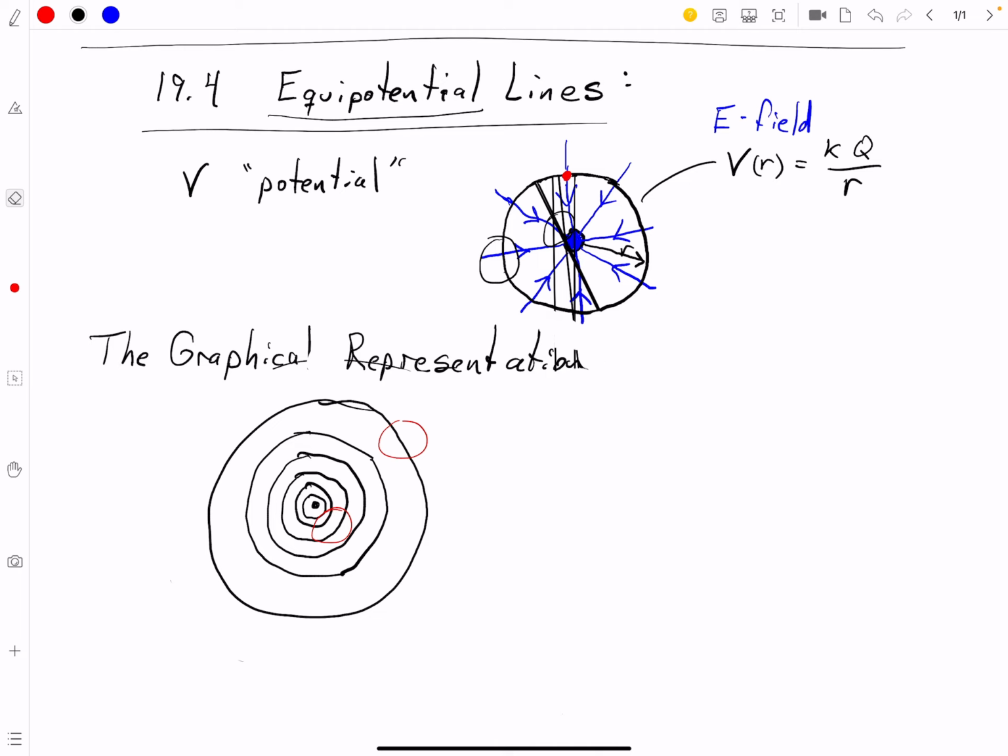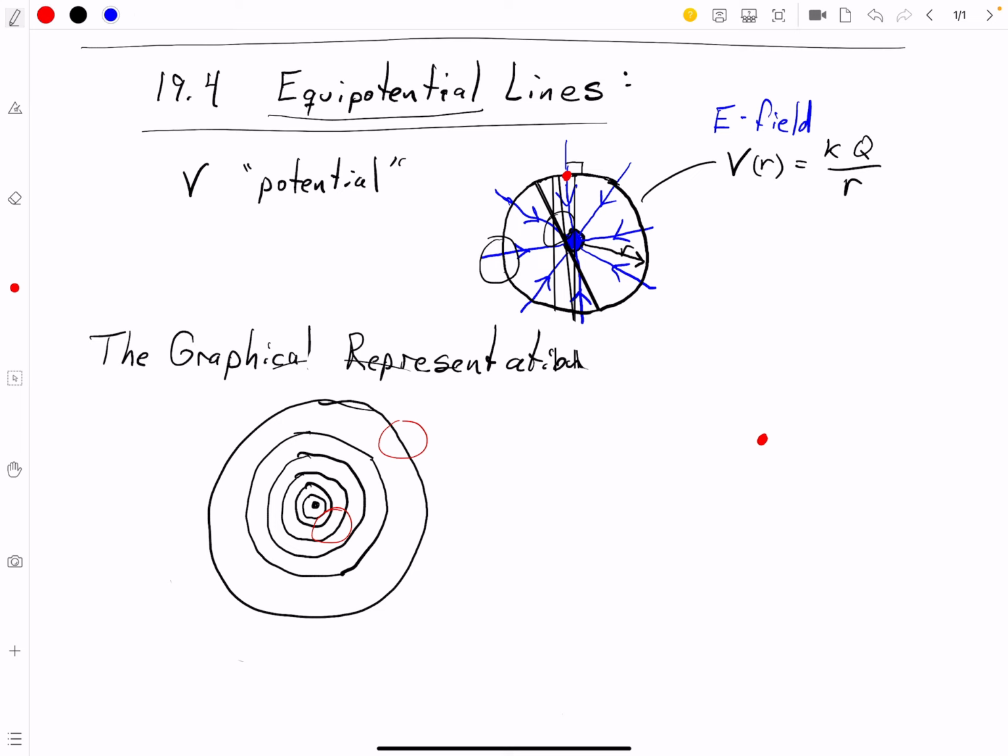Looking good. Okay. Well, the point is that at that point, the red point, we're going to just zoom in on the red point.